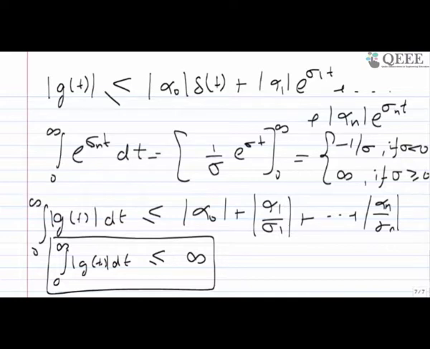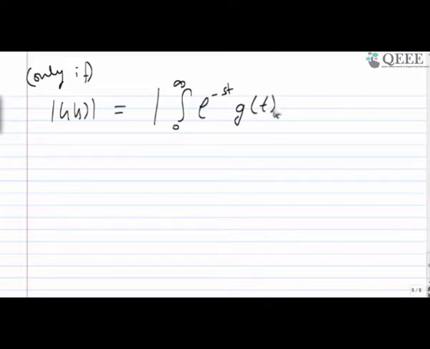Now we show the converse, that is, if a system is asymptotically stable, then all poles have a negative real part. Okay, initially we have shown that if the poles have a negative real part, the system is asymptotically stable. Now we show that if the system is asymptotically stable, then all poles have a negative real part.